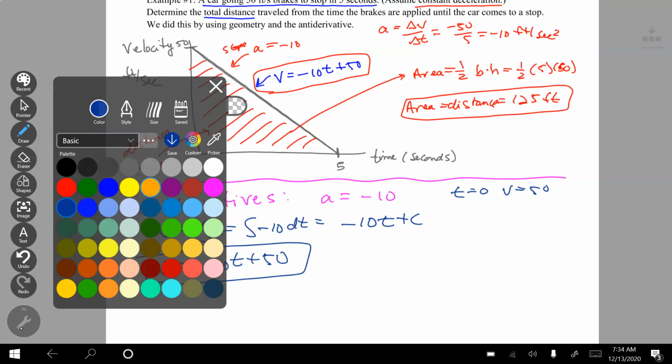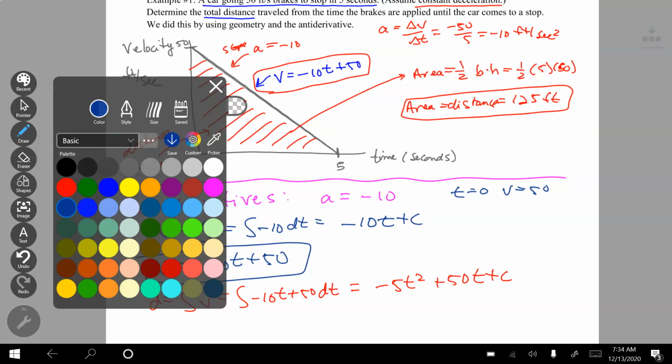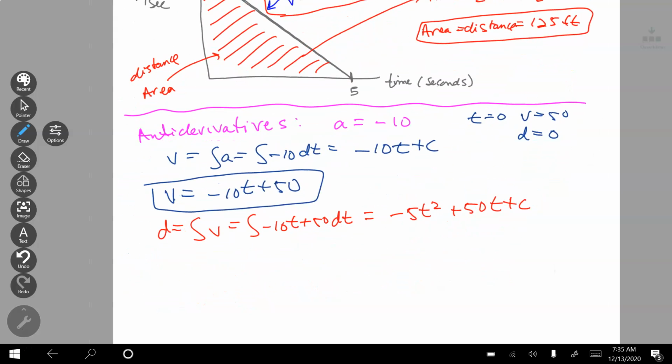And then my distance equation is going to be the antiderivative of velocity, which is the antiderivative of negative 10t plus 50 dt, which is going to be negative 5t squared plus 50t plus c. But at t equals 0, my distance is 0, so that c becomes 0. So my distance equation is negative 5t squared plus 50t.